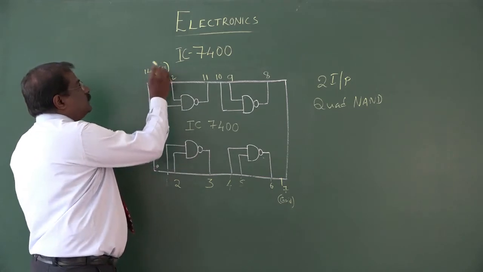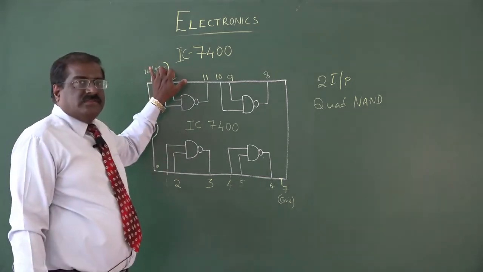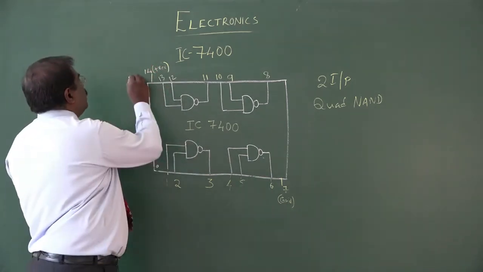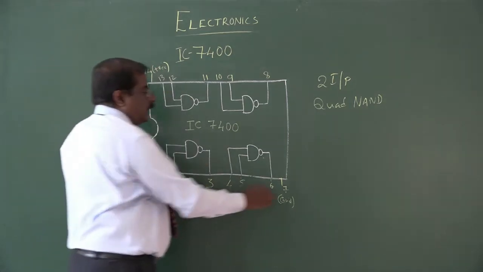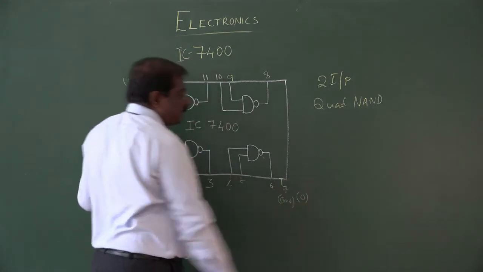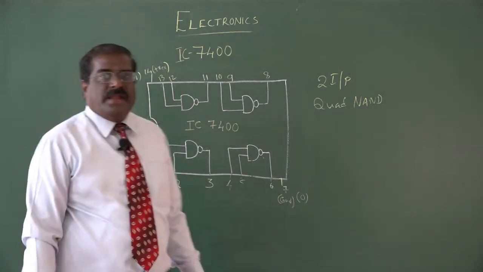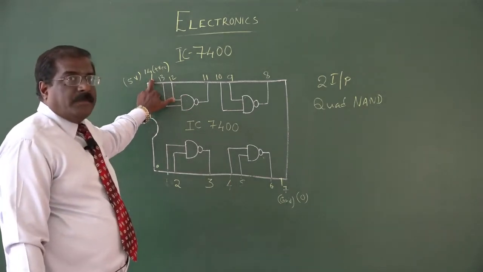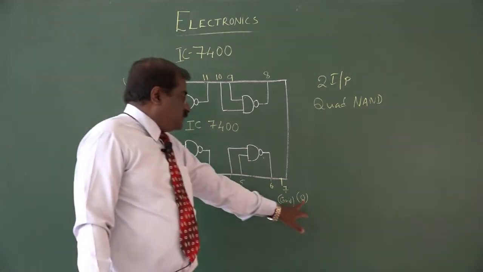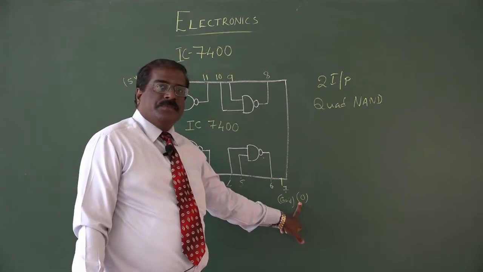Pin number 14 should be connected to plus VCC or 5 volts. Ground is the 0 or the negative of the battery potential. Positive battery potential should be connected to pin number 14 and the negative potential to pin number 7.